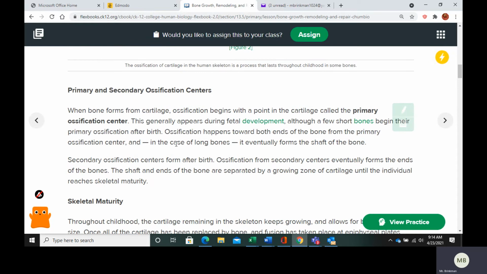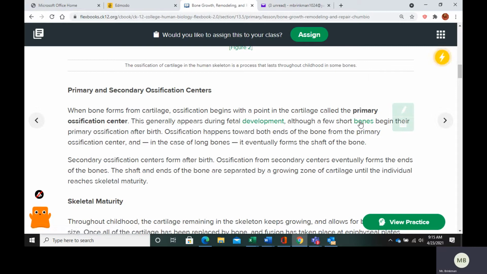So primary and secondary ossification centers. When bone forms from cartilage, ossification begins with a point in the cartilage called the primary ossification center. So this is where ossification primarily starts from. This is going to happen during fetal development.